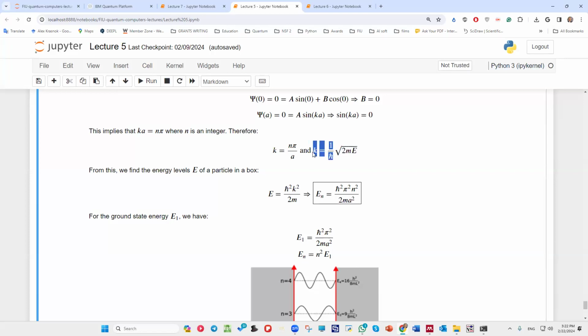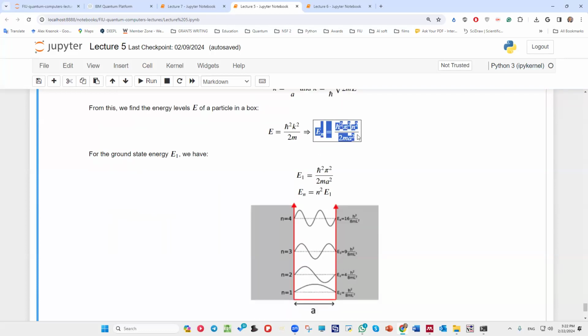From this formula, you can obtain the formula for the energy here, and substituting for the k number this expression, you obtain this formula here. So the energy of this particle in the deep potential well is quantized. And you can calculate any energy level of the particle in this well according to this formula.